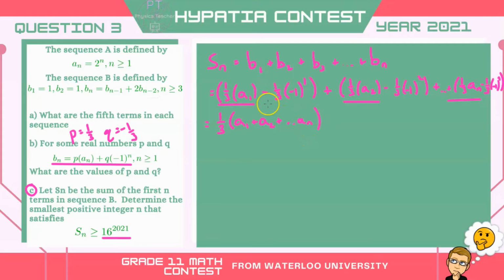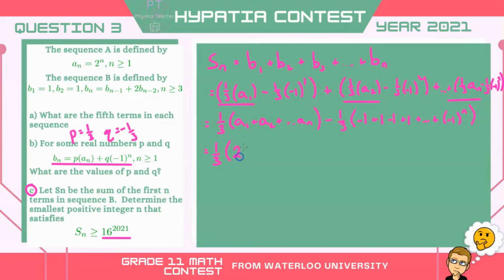Then we have this common factor, minus 1/3. And then we have -1, and this is squared, so it's going to be plus 1, and then cubed would be -1 plus 1, -1 plus 1. So we have 1/3 all times -1 plus 1, -1 plus 1, all the way up to -1 to the power of n.